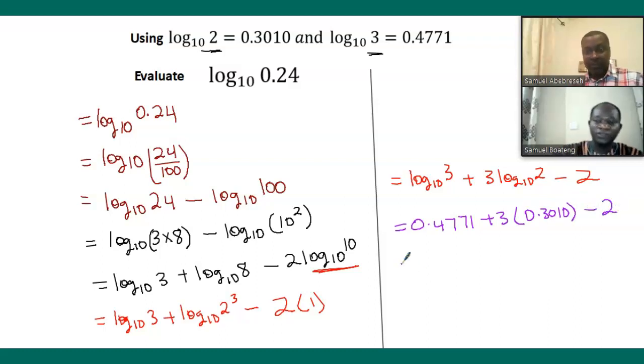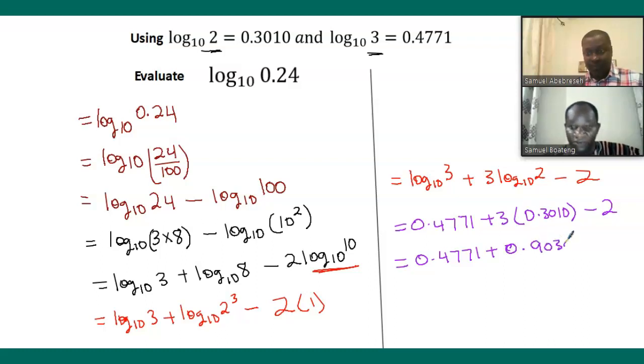minus 2. So we have 3 times 0.3010 will give you 0.903 minus 2. So let's add the 0.4771.